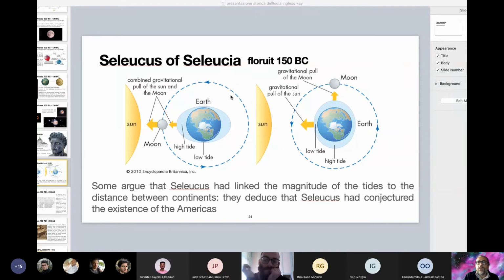So the idea of Seleucus is that the water constituting the oceans is gravitationally attracted by the sun and the moon, okay? And when the moon and the sun attract the water of the oceans in the same direction, you have very high tides, okay? When the moon is orthogonal to the sun, then the high tide is towards the moon.